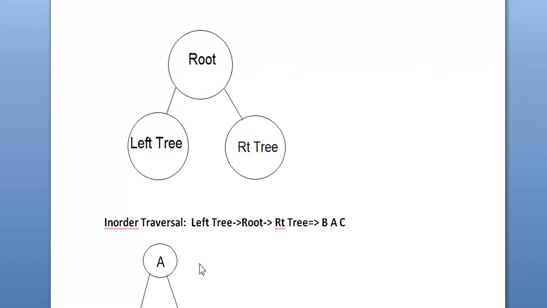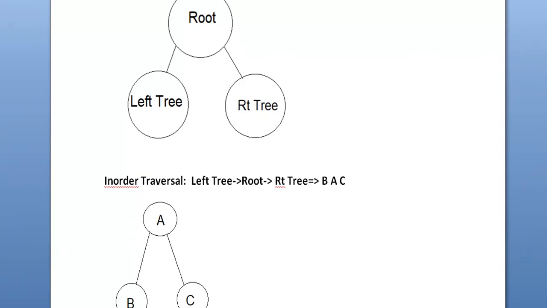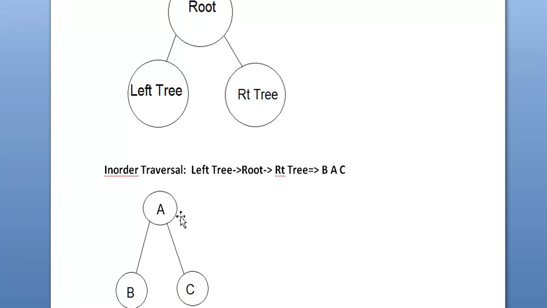In the case of in-order traversal, the left subtree will be traversed recursively, then the root will be visited, and then the right subtree will be visited recursively.